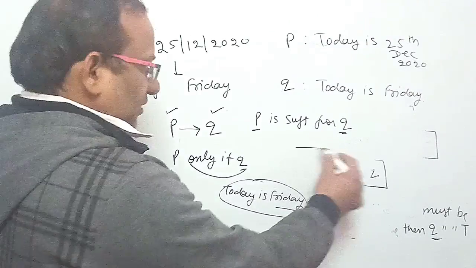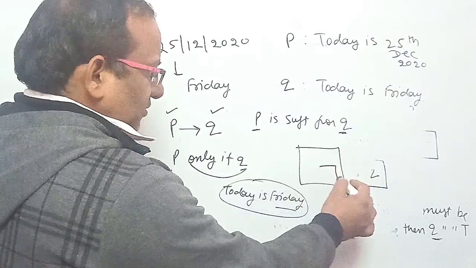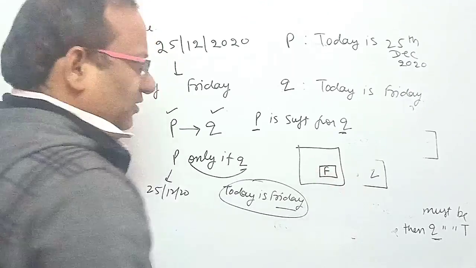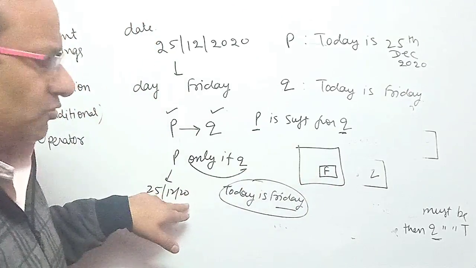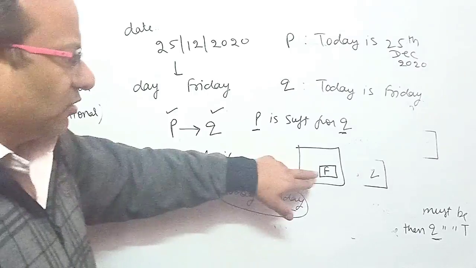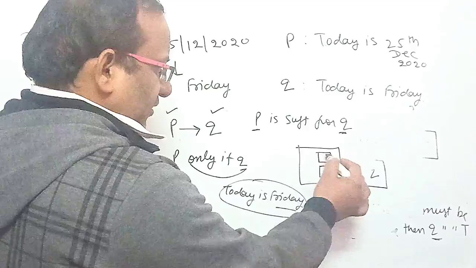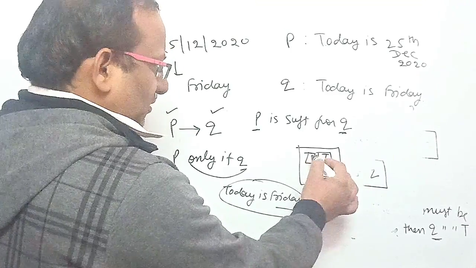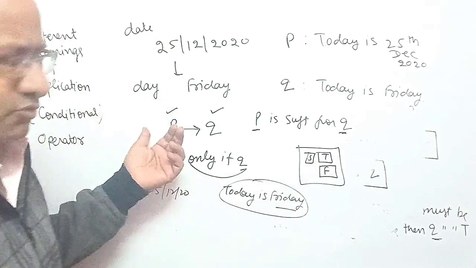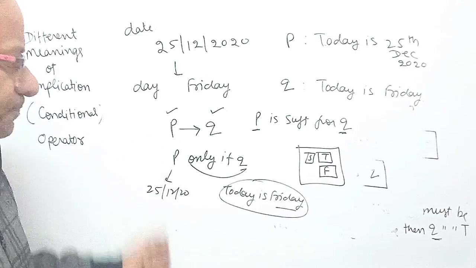If you see a calendar and on that day it is Friday, then there is a chance that today may be 20th December or today may not be 25th December. But if today is not Friday, like Thursday or Sunday, then there is no chance that it can be the 25th December 2020 date.